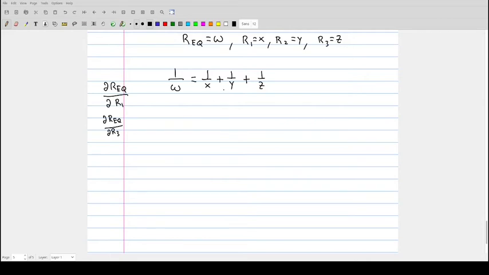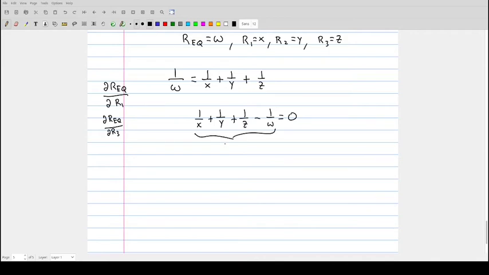So what you can do is, in this expression right here, rewrite this as 1 over X plus 1 over Y plus 1 over Z minus 1 over W is equal to 0.